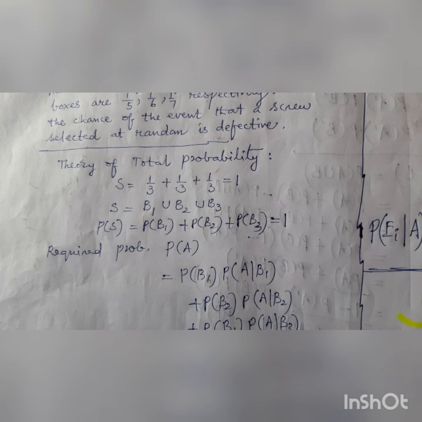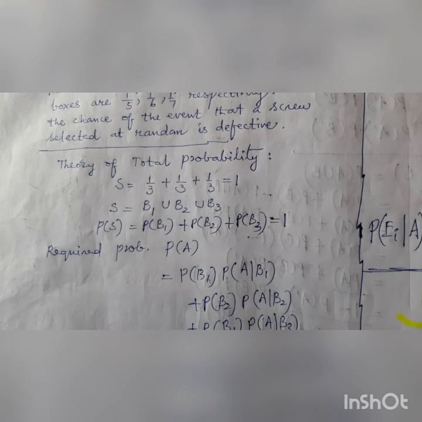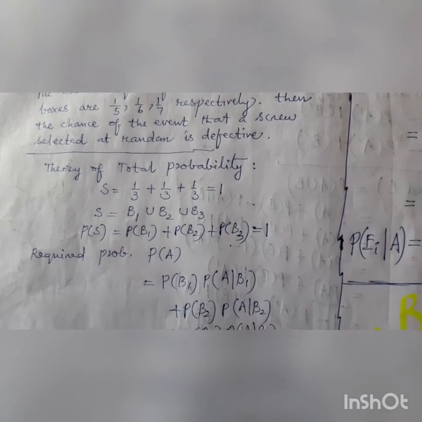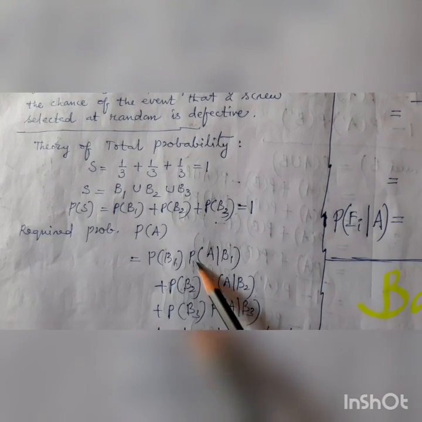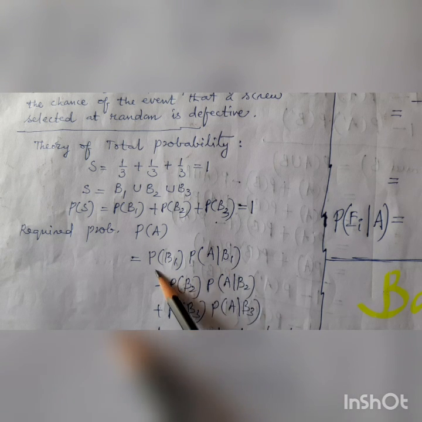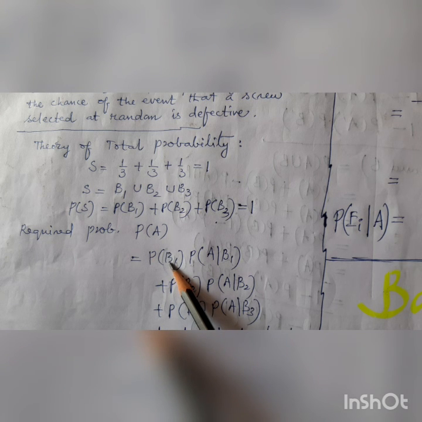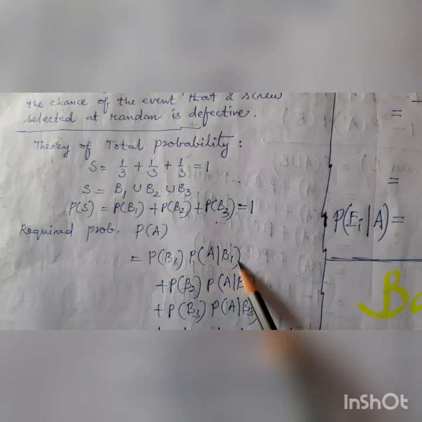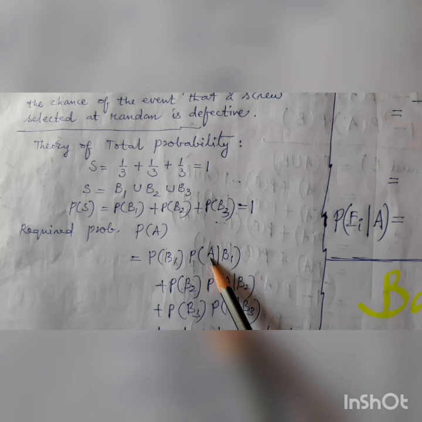The required probability P of A equals the first box selection probability P of B1 into P of A given B1. P of B1 is the selection probability of the first box, into P of A given B1, which means the defective screw probability in the B1 box.